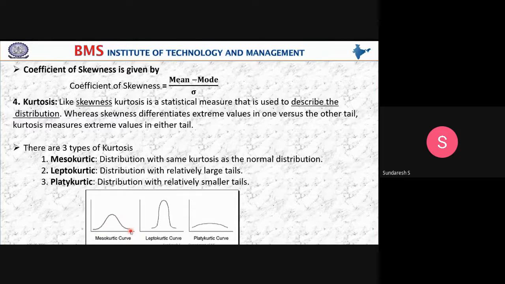Leptokurtic means the distribution has relatively larger tails: more data is clustered and accumulated across the extreme ends or extreme values. Platykurtic means relatively smaller tails: the distribution is not exactly at the extreme ends but between the two extremes of the curve. So this is what we call kurtosis.